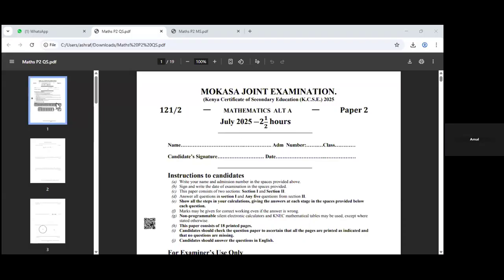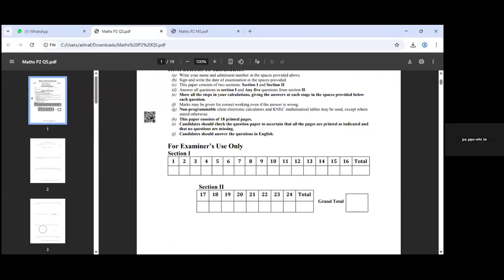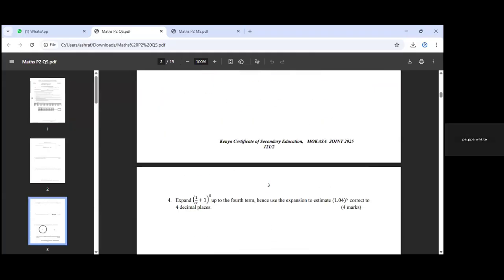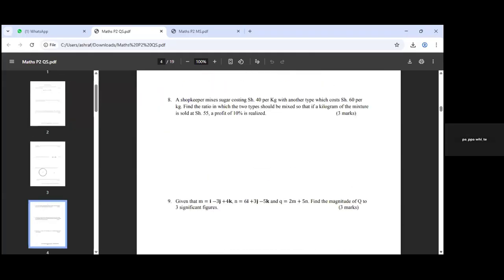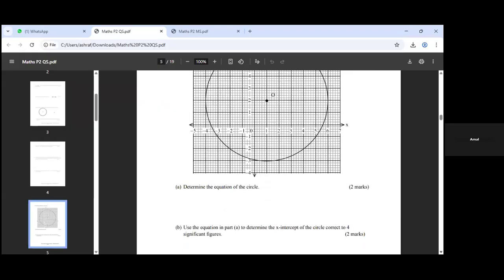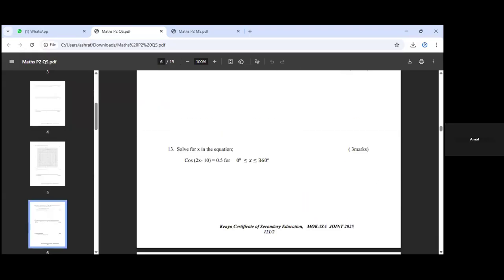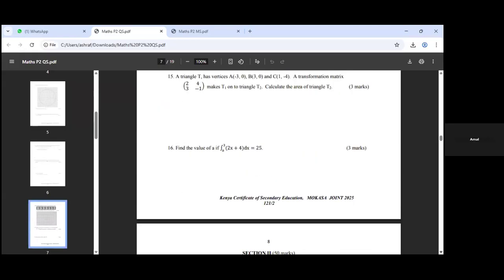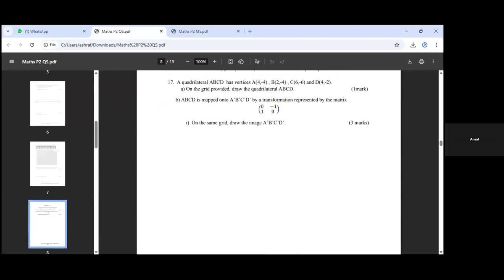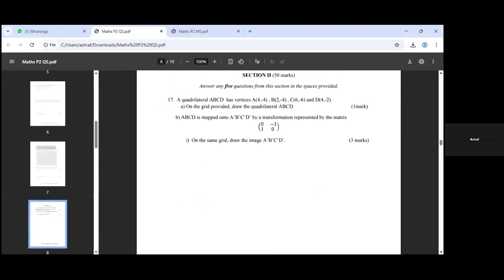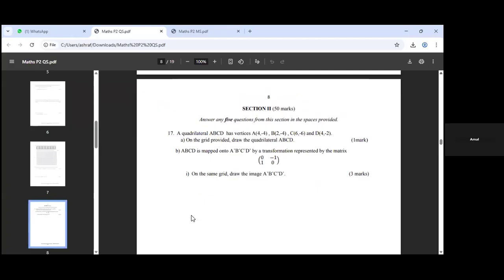I'll start with section B of the paper. Okay, so the question is there. Just go through it and then we discuss.